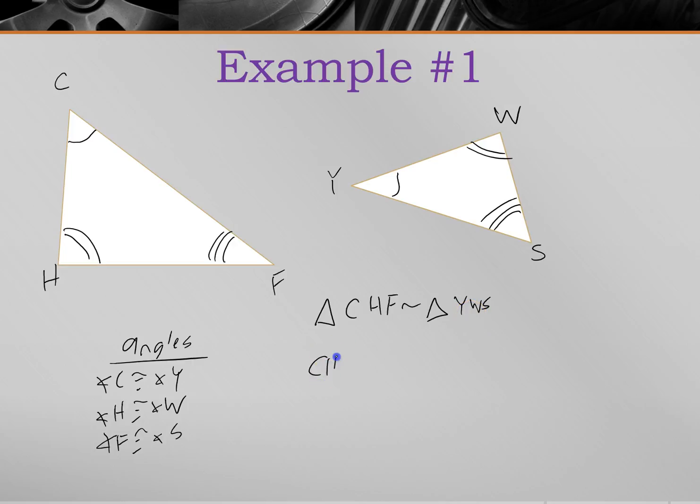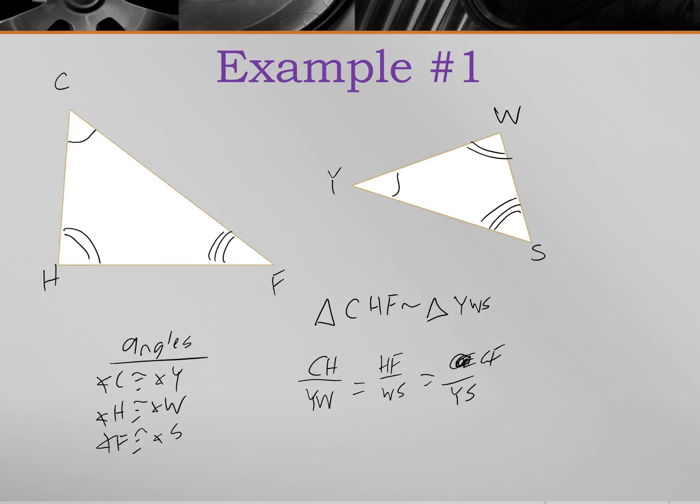So, CH is not equal to YW, but the ratio of that is equal to the next side, HF over WS, last two letters, and then finally CF, first and last, over YS. So that's why those two are going to match up.